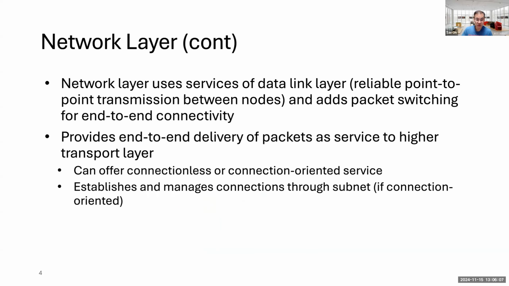Okay. The network layer uses the services of the data link layer, a reliable point-to-point, and all the point-to-points put together become a route. So we add packet switching and end-to-end connectivity. The shortest path algorithm has traditionally been used in networking. Later on, it was used for vehicle routing as well.